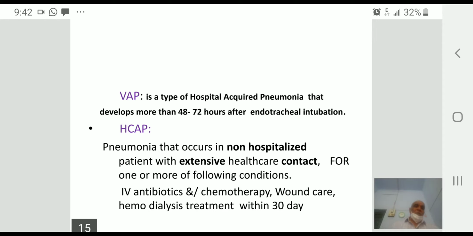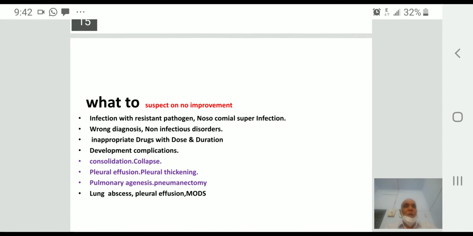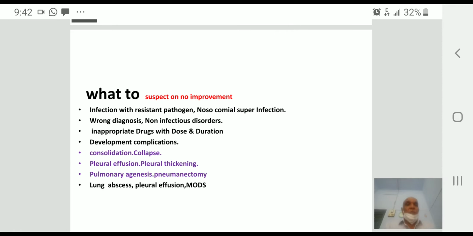The mortality is higher in nosocomial pneumonia, mostly ventilator-associated pneumonia. Regarding response, fever should subside within 72 hours. If the fever does not subside within 72 hours, then we suspect something else.